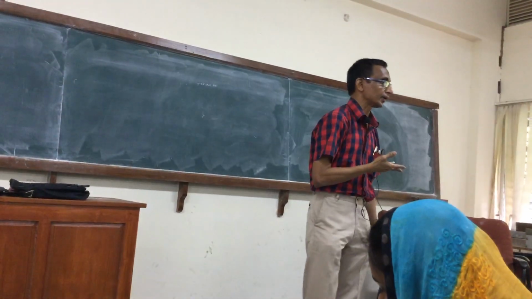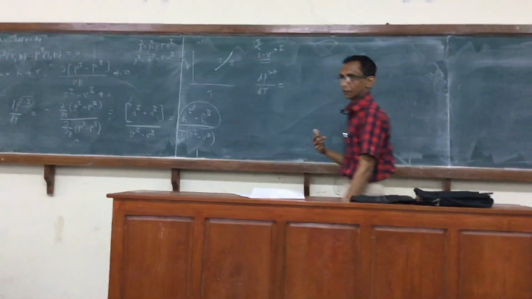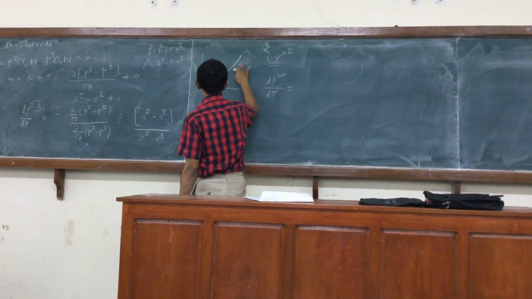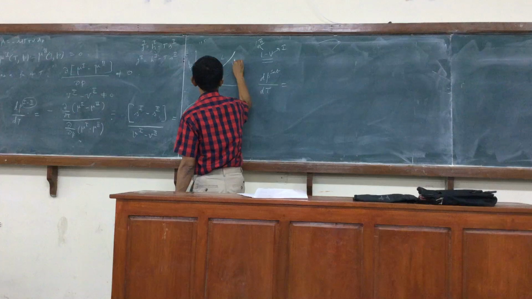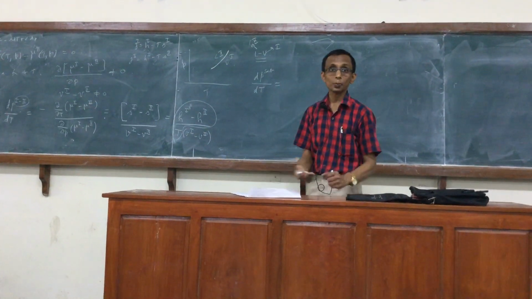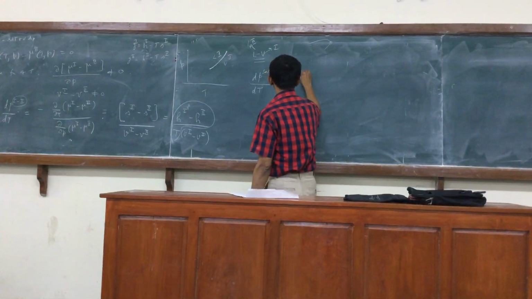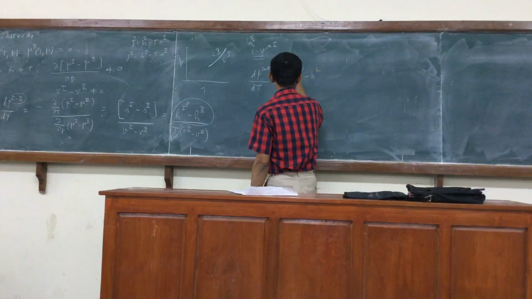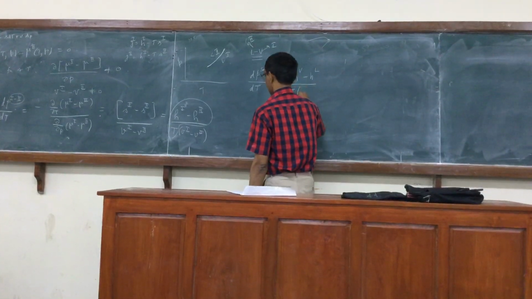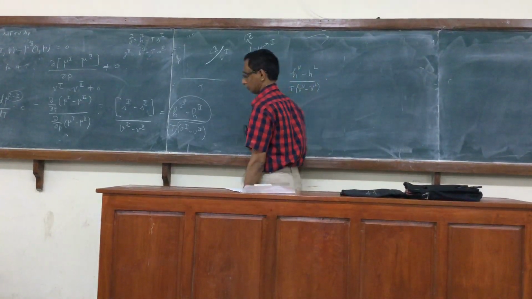So dP by dT actually represents the slope of the saturation pressure versus temperature curve, which is the liquid vapor coexistence. So the slope of the coexistence curve can be written as Hv minus HL by T times Vv minus VL.